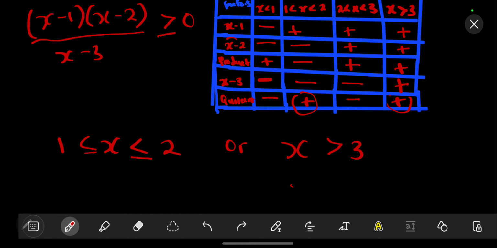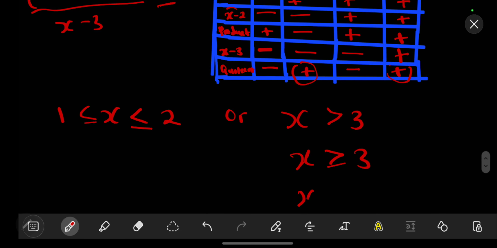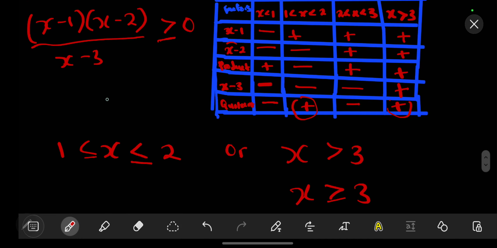If we put 3 here, it will be 3 minus 3, which is 0. Whatever number you have divided by 0 is undefined, so you need to be careful there. So we can have this as our solution.